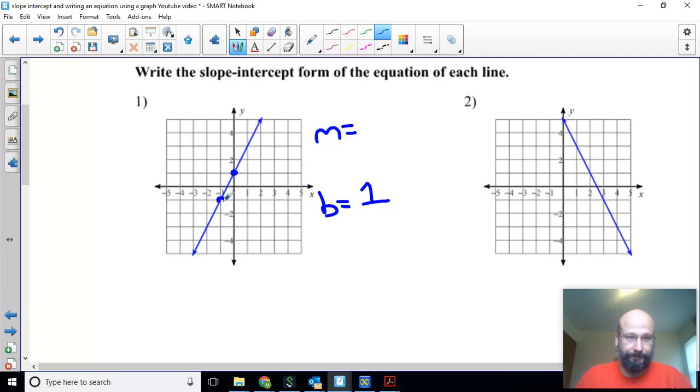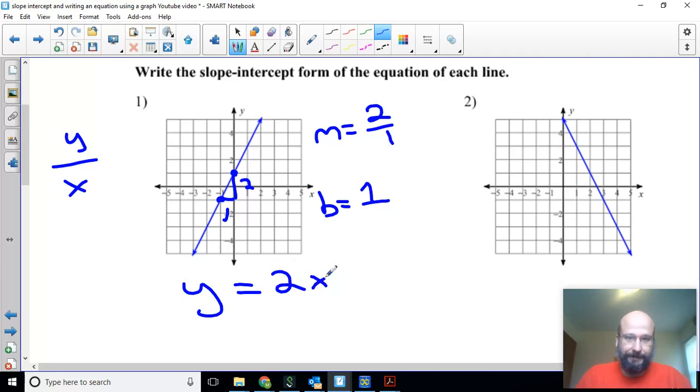This is a good point. So we would connect them, 1, 1, 2. So our slope for this line, remember rise over run or y over x, is 2 over 1. So if we were to write this in slope-intercept, y equals 2x plus 1. Our slope is 2, and our y-intercept is 1.